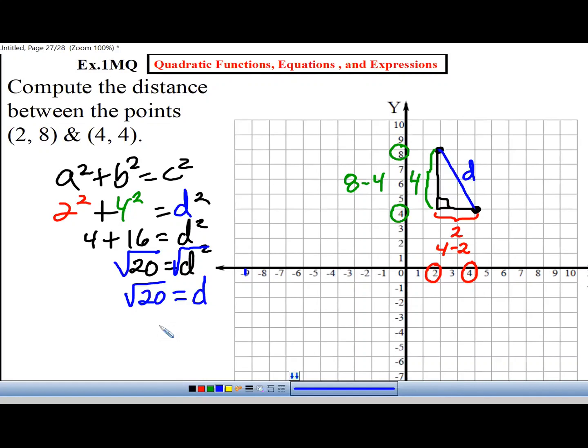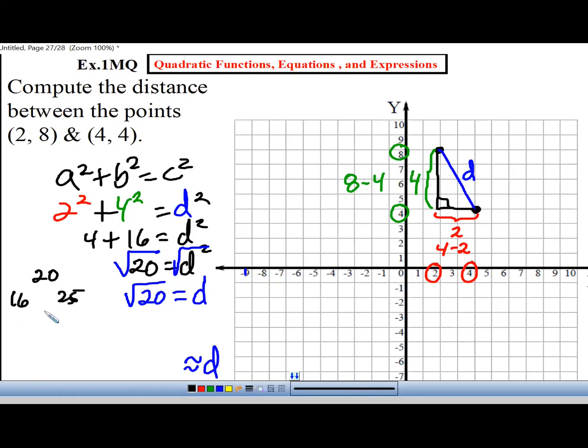Here goes the process one more time. Between what two perfect square numbers is 20 found? 16 and 25. I'm going to do it over here. 20 is between 16 and 25.